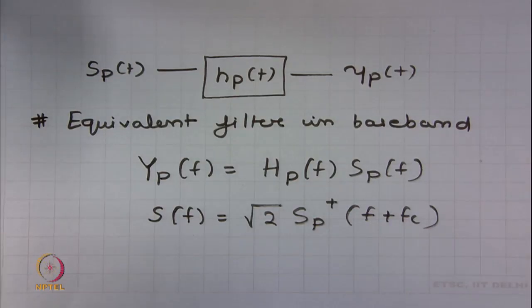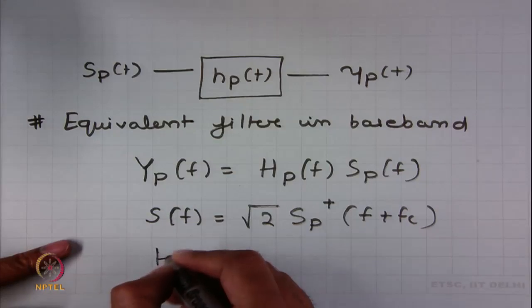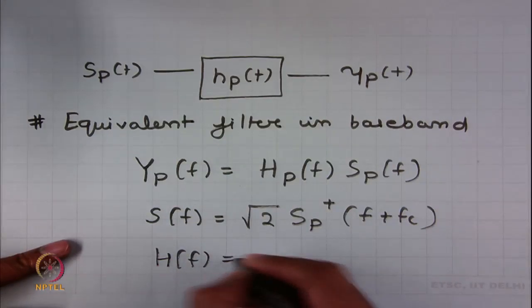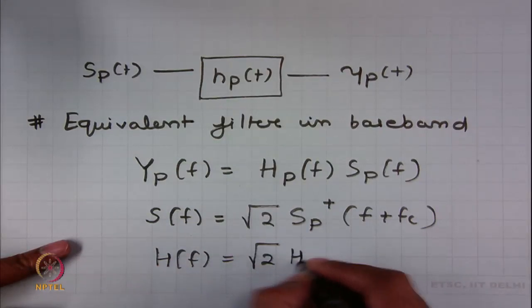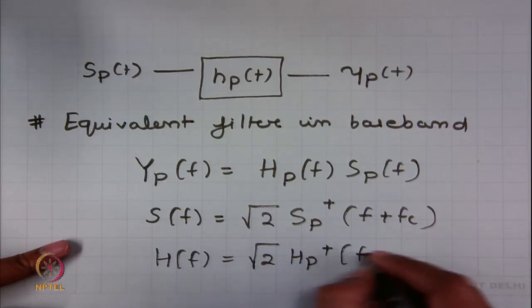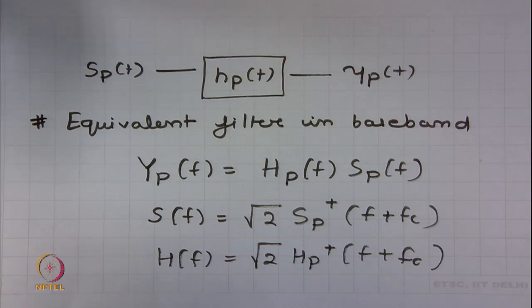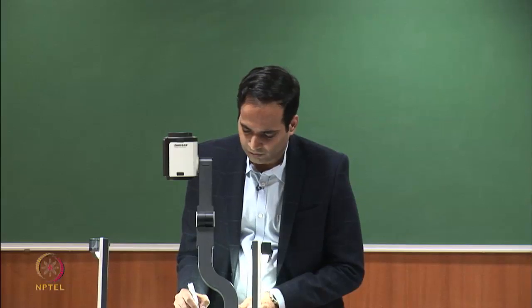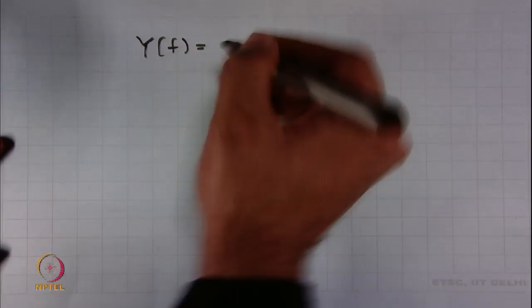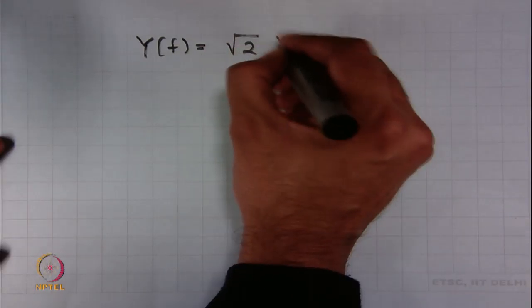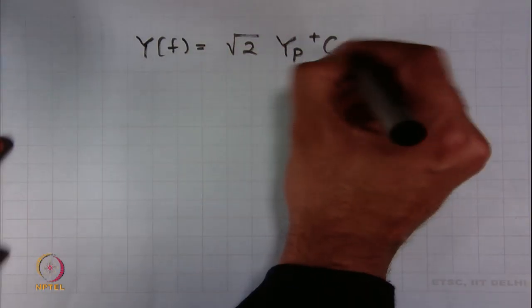This is a relationship that we derived in the last lecture, and similarly H(f) can be written as root 2 times H_p(f + f_c). Finally, what we would get is Y(f) would be root 2 times Y_p(f + f_c).